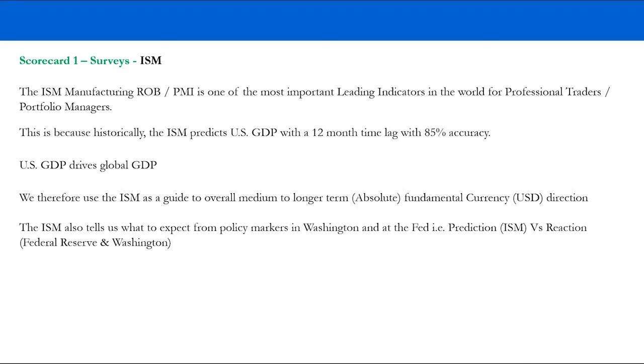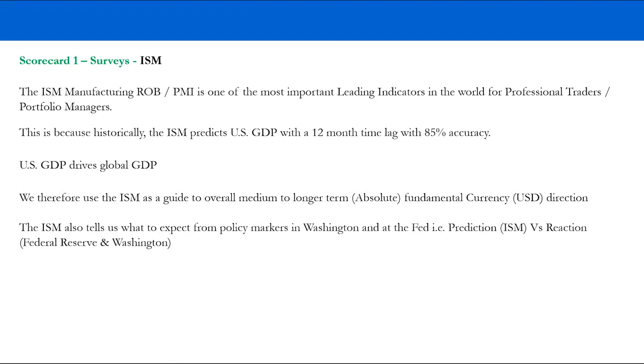But the ISM also tells us what to expect from policymakers in Washington and at the Fed. So at the government level and at the Fed. The ISM is basically one of the main predictors of the coincident indicators and how the Fed and government will react with policy. So it's very, very important to our analysis.